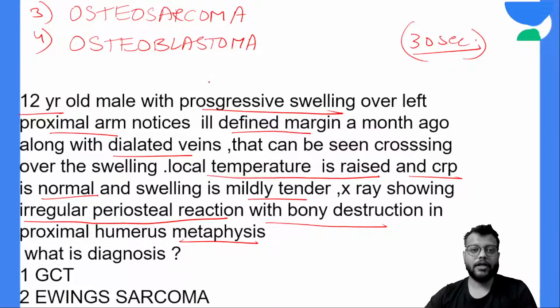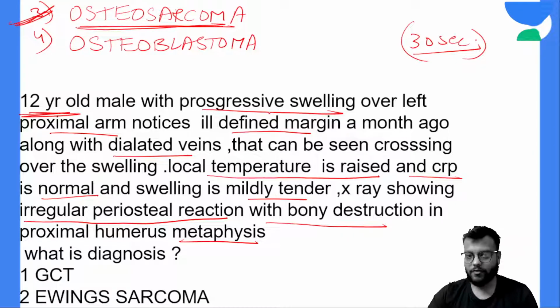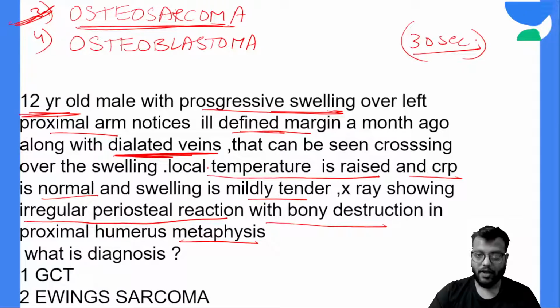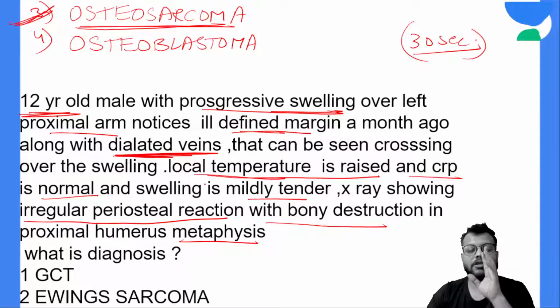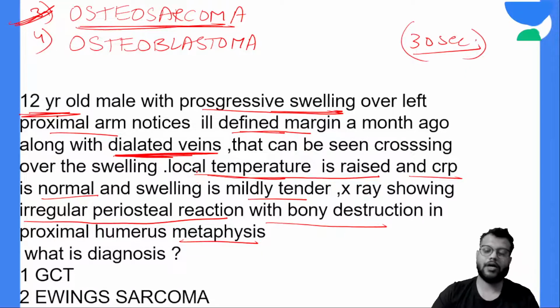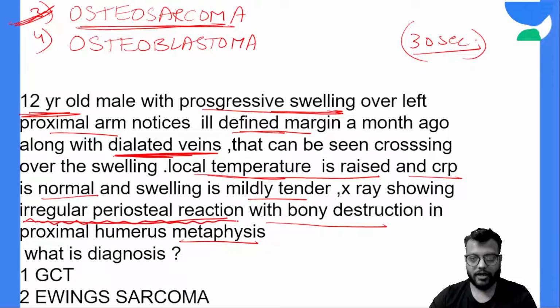Okay, so the correct answer for this question is C or 3, that is your osteosarcoma. And why? See, a 12-year-old child, yes, it occurs in young adults, progressive swelling with ill-defined margins and dilated veins, with local rise of temperature, and the characteristic feature by which osteosarcoma is confirmed in this question is the irregular periosteal reaction given here, okay.